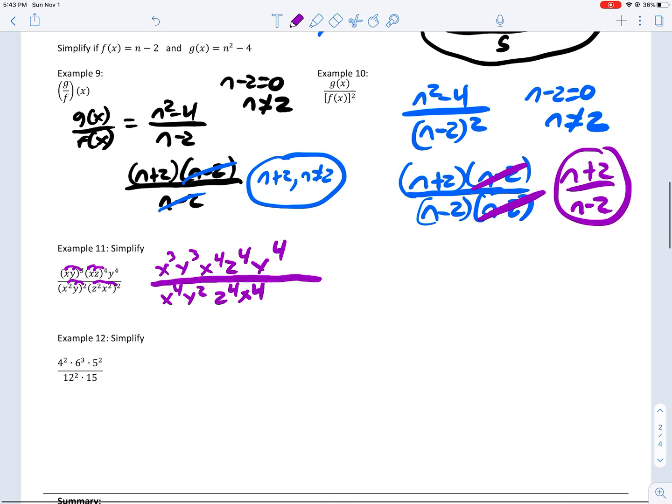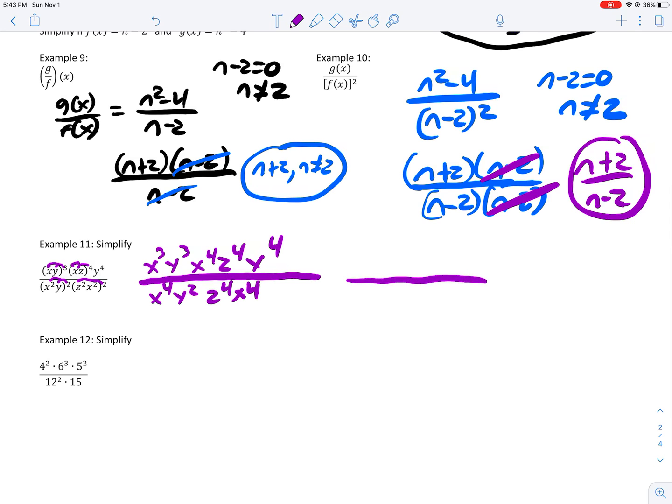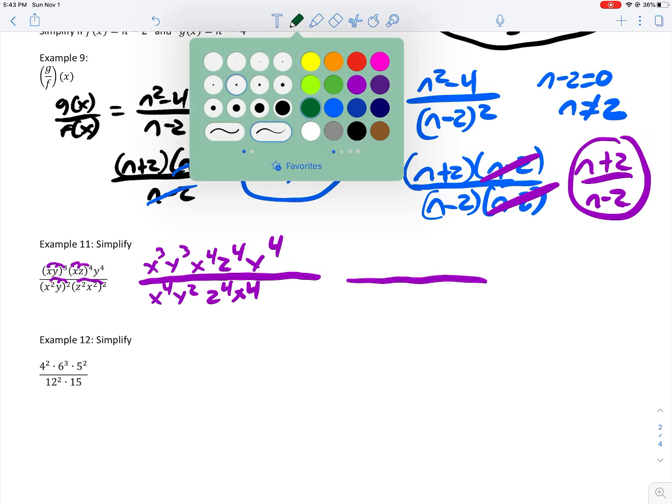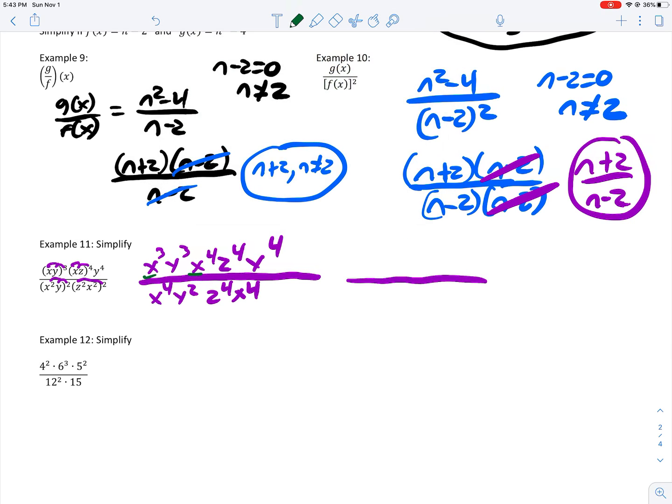So now I'm going to combine my variables. I have x to the third, x to the fourth, so x to the seventh, y to the third, y to the fourth, so y to the seventh, and z to the fourth. Denominator, same thing, so I have x to the eighth, y squared, z to the fourth.